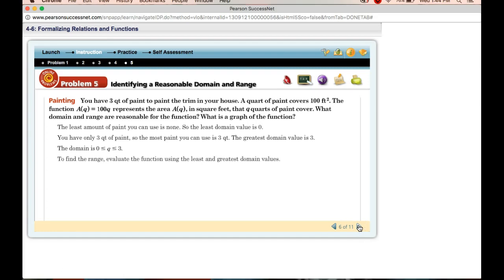To find the range, evaluate the function using the least and greatest domain values. Zero quarts of paint covers 0 square feet of trim.